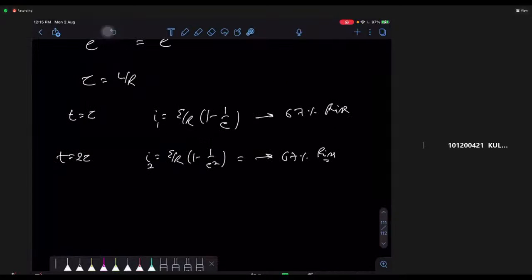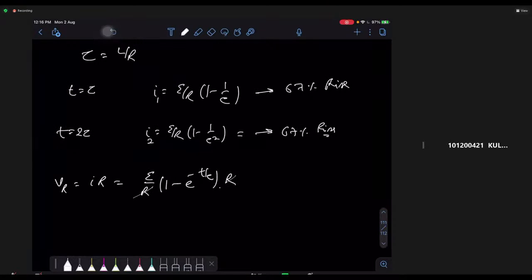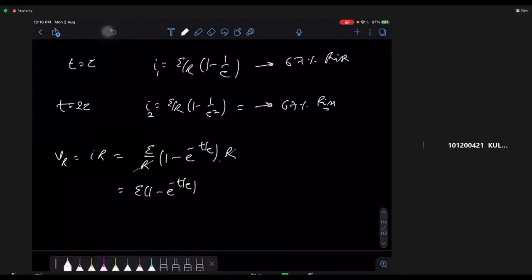A few more points you can notice here, then we can generalize the results. First one is the potential drop across the resistance, which is IR. The I value is E by R times the exponential factor, so this R is going to be cancelled out, and you can see how the potential across the resistance is changing.